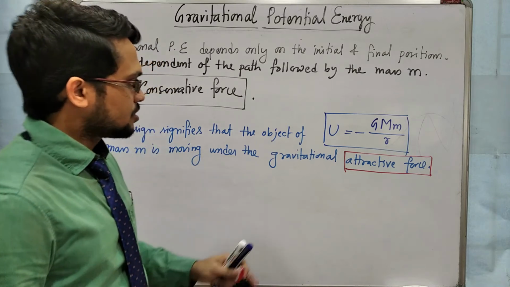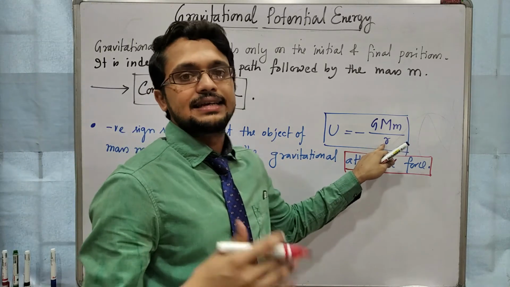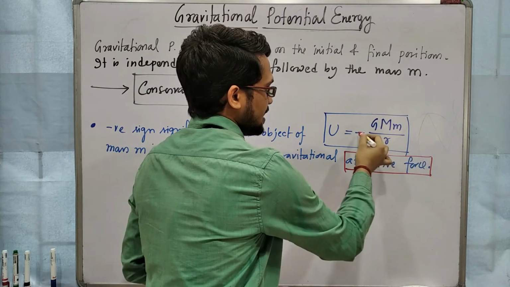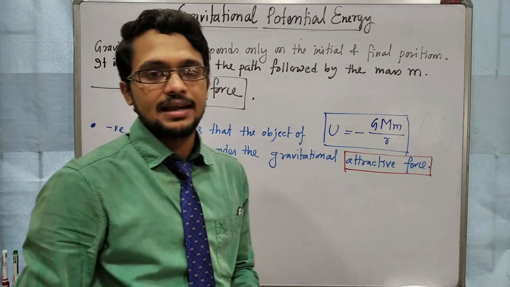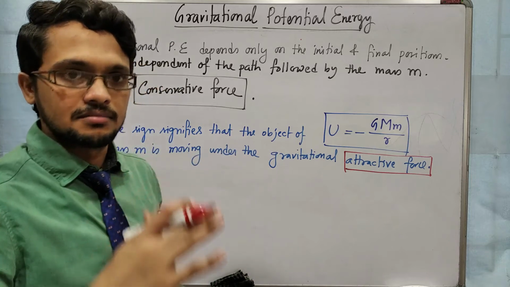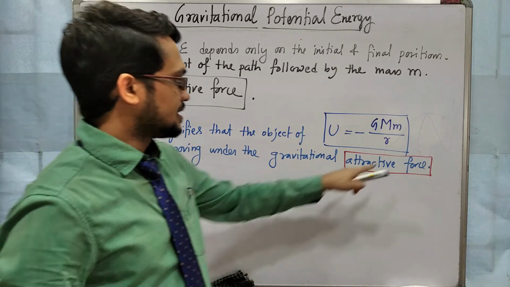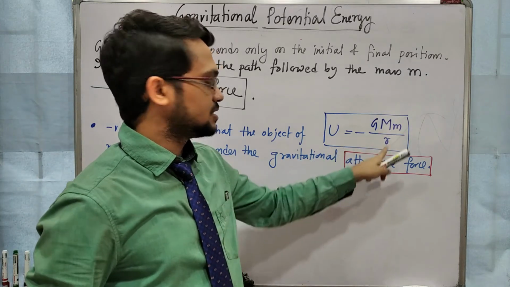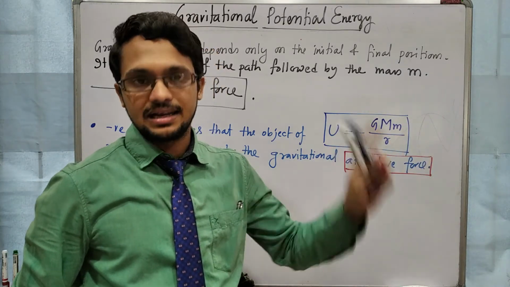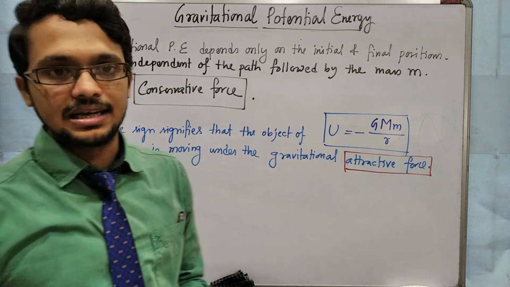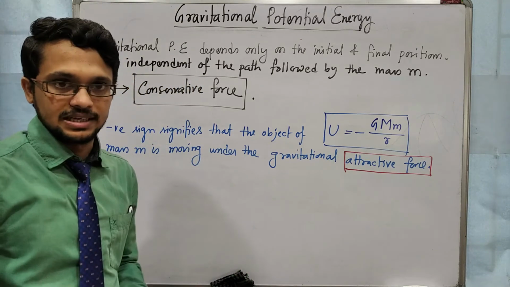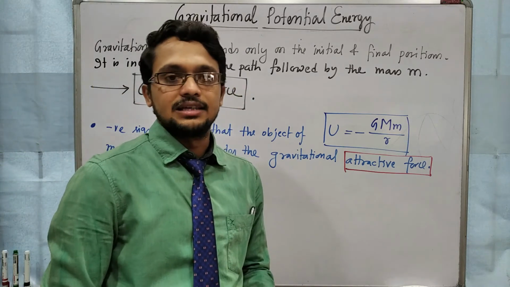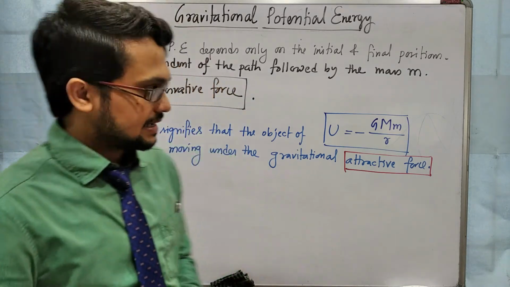And when r increases, then this value will be smaller and it will be less negative. And if r increases so high that suppose r becomes infinity, very very large, then potential energy will be 0. That is the maximum value of the potential energy of an object. And when it comes nearer to that planet, then its potential energy goes on decreasing.